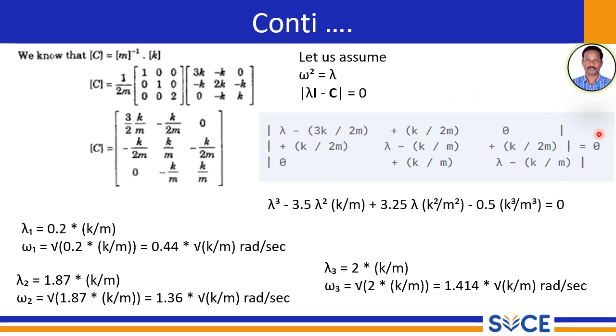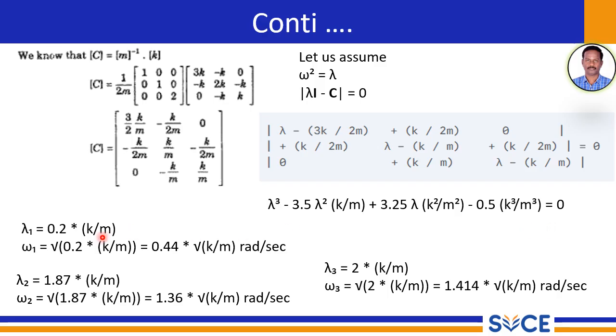The determinant of this matrix is lambda cube minus 3.5 lambda square k by m plus 3.25 lambda k square by m square minus 0.5 k cube by m cube equal to 0. Using the characteristic equation, we obtain the roots of this cubic equation. The roots correspond to squares of the natural frequencies of the system.